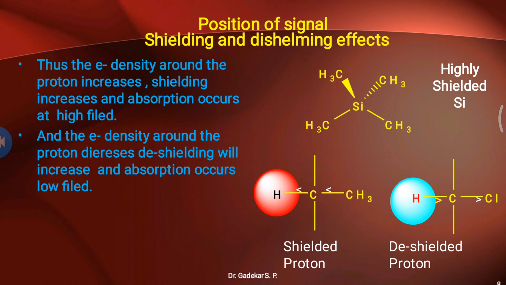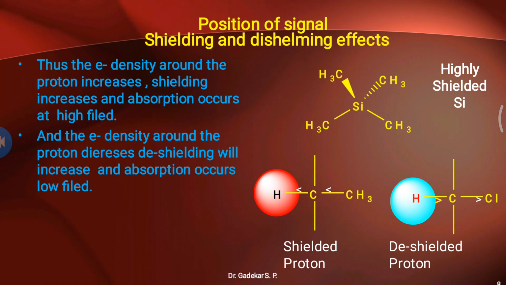But in the blue colored protons, the chlorine atoms have a minus I effect and pull electrons toward themselves. The chlorine atoms withdraw electrons, so the electron density surrounding the hydrogen atom decreases, making it a de-shielded proton.